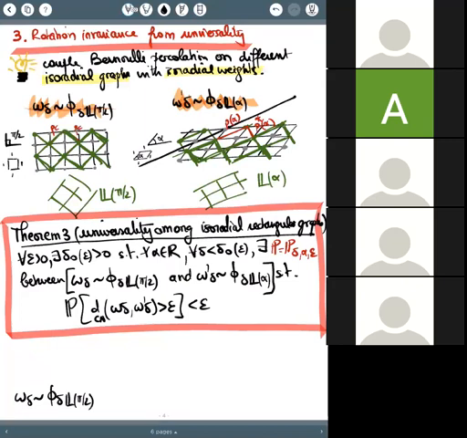You agree that this has the same law as sigma 0 of omega delta, where sigma 0 is just a reflection with respect to the horizontal line. The horizontal line is a symmetry of the lattice L pi over 2, so the law of omega delta or sigma 0 omega delta is the same.